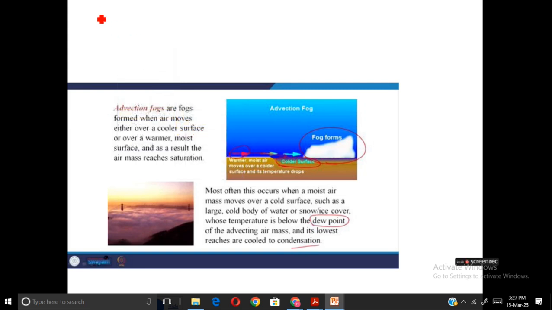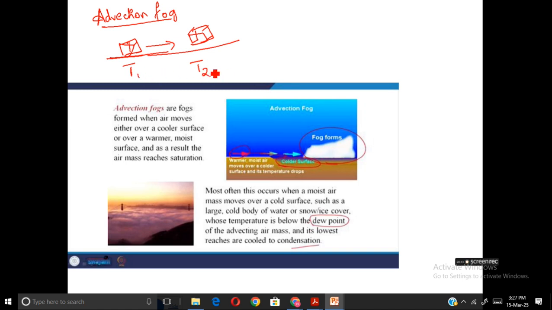The second one is the advection fog. Advection fog means a moist air parcel is moving like this. Suppose here the temperature is T1 and it moves and reaches another point where the temperature is T2.